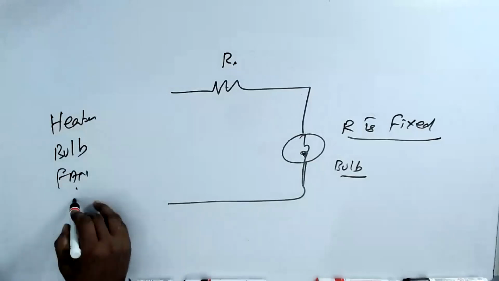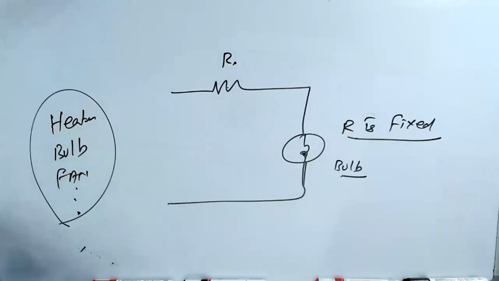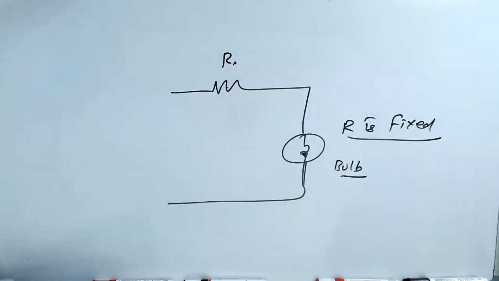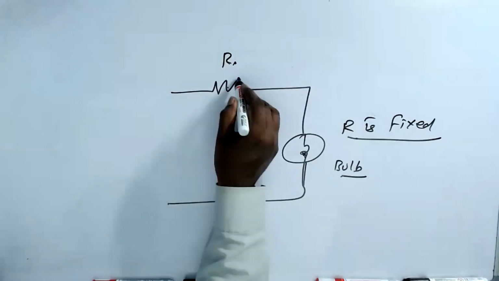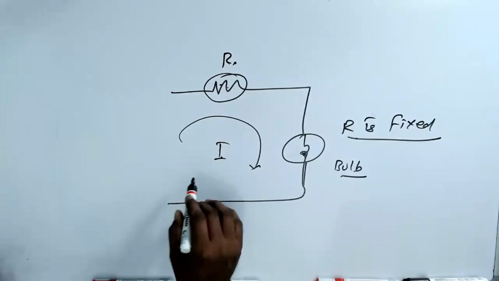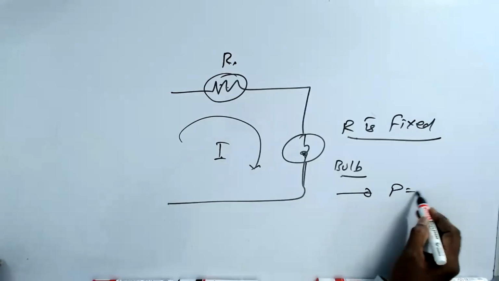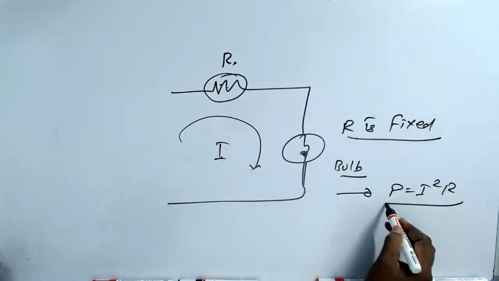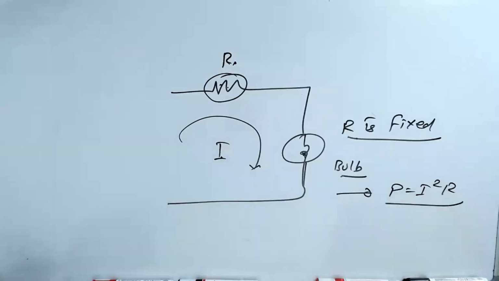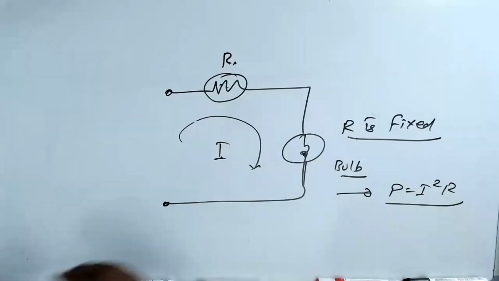It does not vary. Now, the problem is, if you fix the R also, then I is fixed. Since I is fixed, that bulb is going to give you the same power, P, I square R. That is fixed. Now, my question is, how do I change the power? I have to change the voltage then.